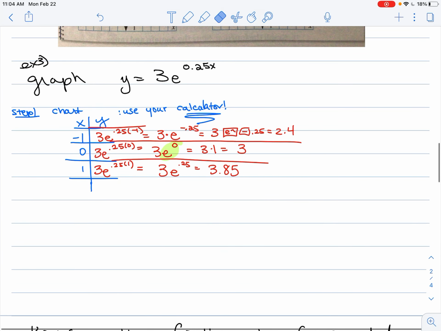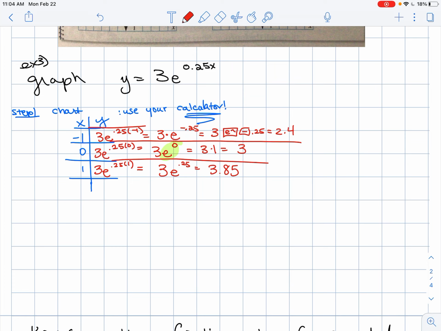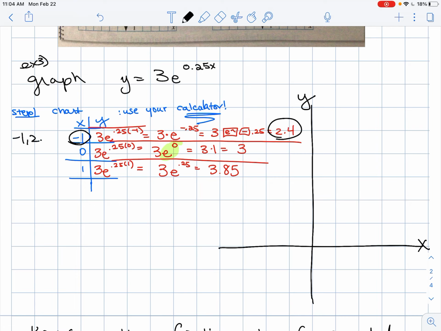So as we're graphing, I'm going to take out my graphing paper, and I'm going to draw my graph. Here's my x-axis, here's my y-axis. So we're going to graph the point -1, 2.4. So we could go -1 on the x-axis, and then we're going to go up 2.4.